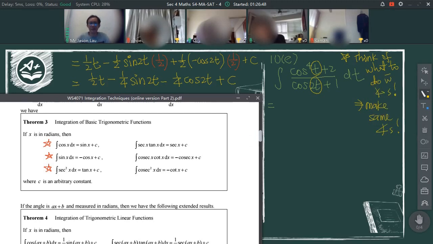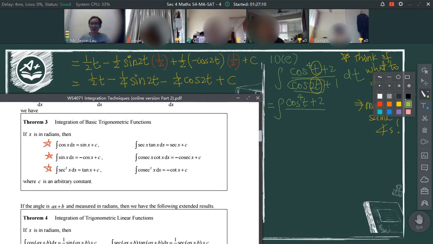Not necessarily can solve for you, but you have a better chance to solve. Unless the question is a tricky, very evil type, then you have to do it in a very special way. If not, then normally getting into the same angle will be good, and we are going to focus on getting the cosine 2t to be t. Okay, so we are going to use this formula.